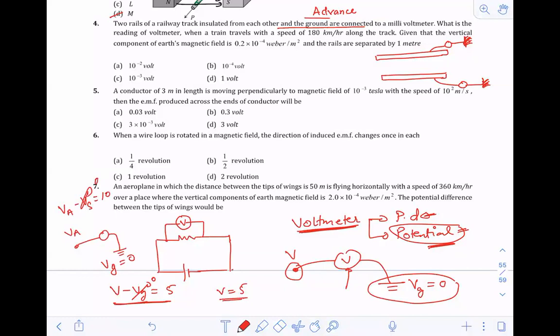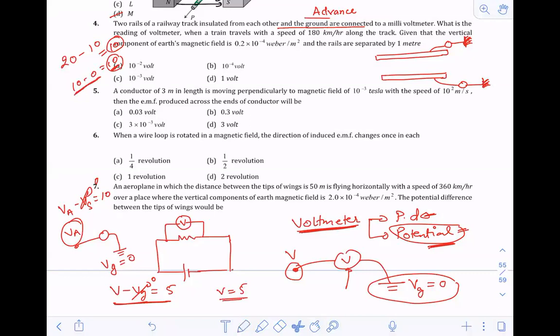Vg value is 0, so the potential of this point is 10. See here, 20 minus 10 is also 10 and 10 minus 0 is also 10. So the 10 becomes the potential value, and this is the potential difference. The voltmeter shows me this reading, it does not show me this reading. So in this case, I can calculate the potential as well as the potential difference.